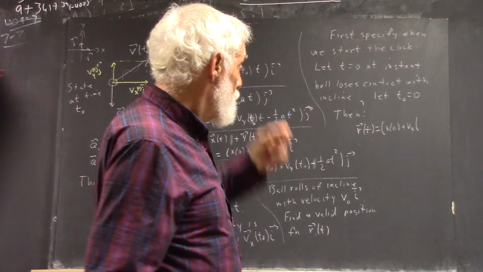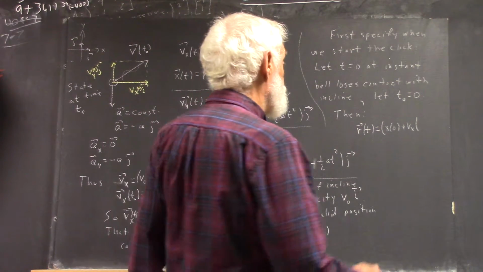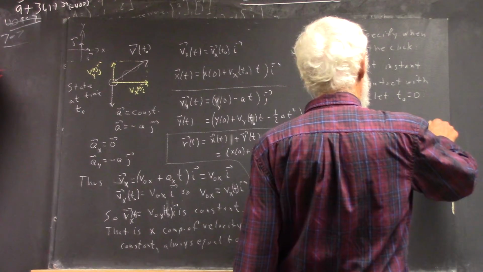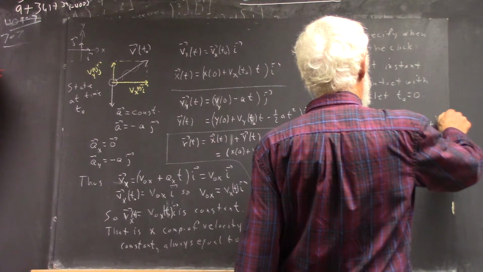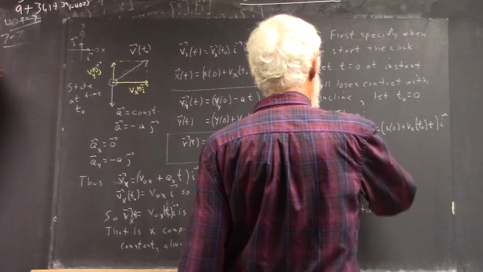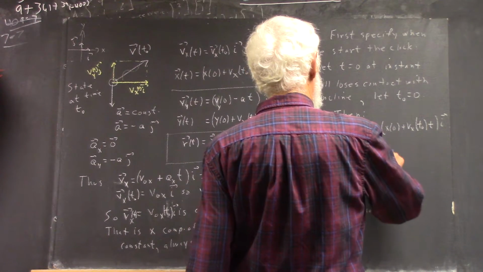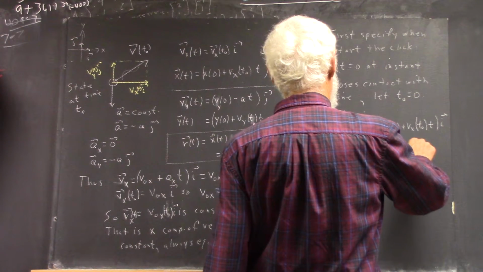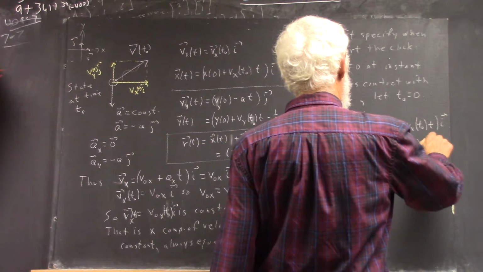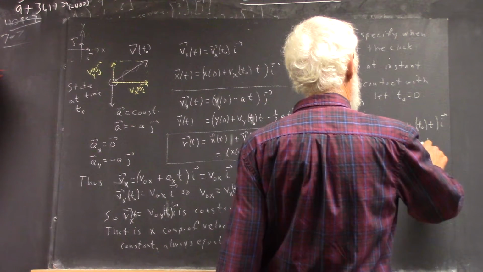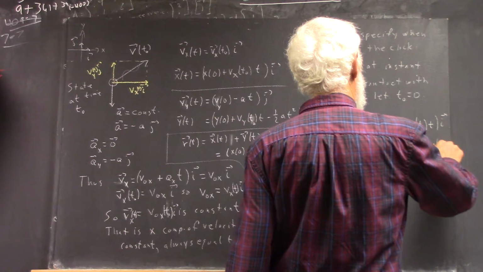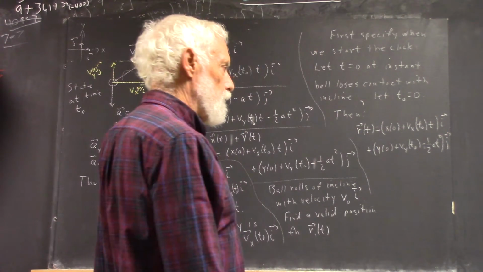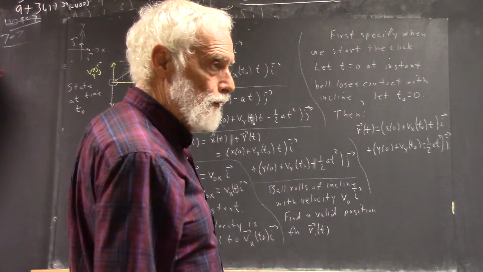So, r of t is x of 0 plus vx of t0 times t times i, plus y of 0 plus vy of t0 times t, minus 1/2 whatever the magnitude of the acceleration is times t squared, j.